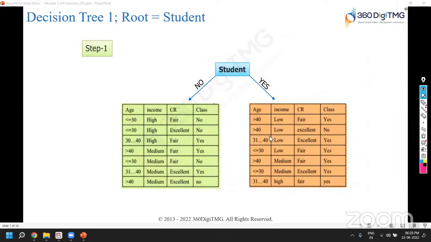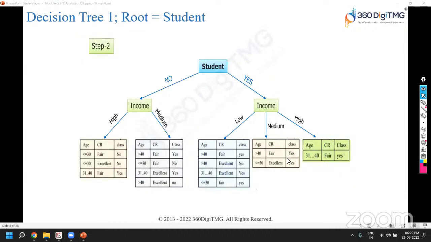I'm taking student as one of the nodes, and this is your root node because we're starting the growth of the tree here. And then we are going to further split these branches.